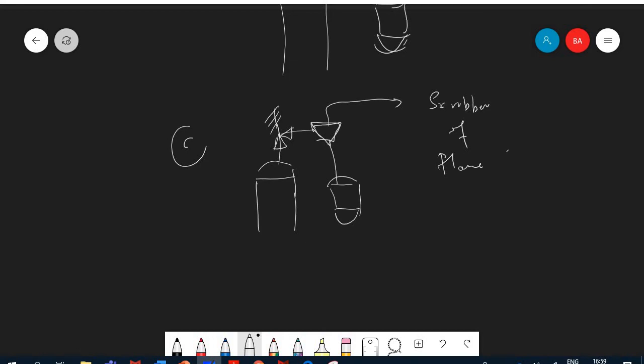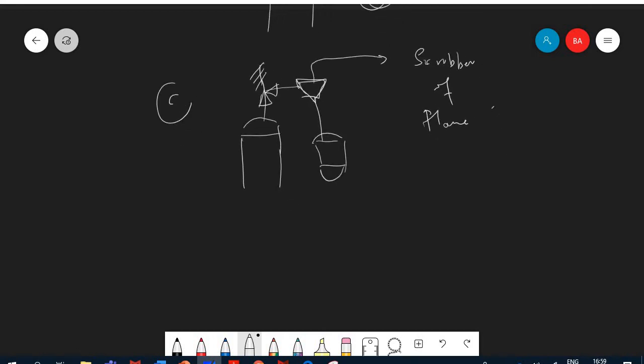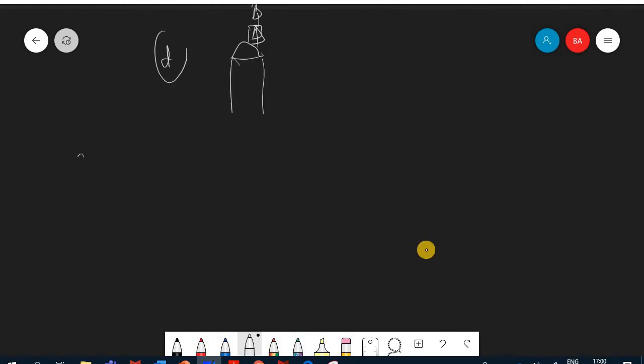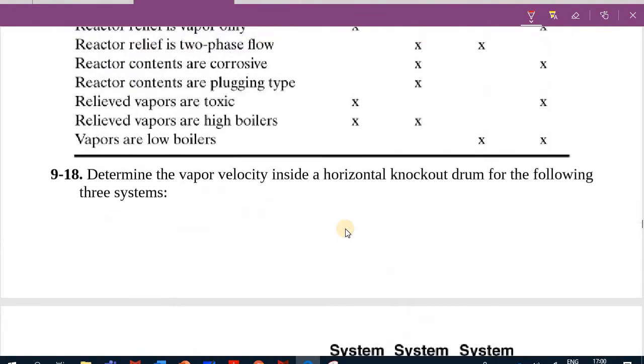Okay, and part D is done very similarly. I have a system which looks like that, but because I have all of them, I'm going to have the rupture disc and the spring one, and of course the scrubber and the flare. So this is what we have for 9.17. I think that was straightforward. What else do we have from the questions?